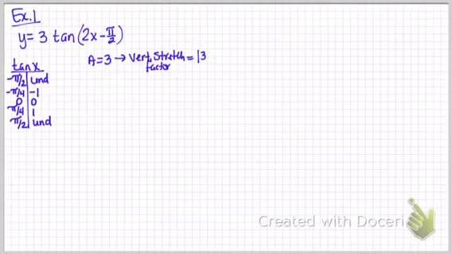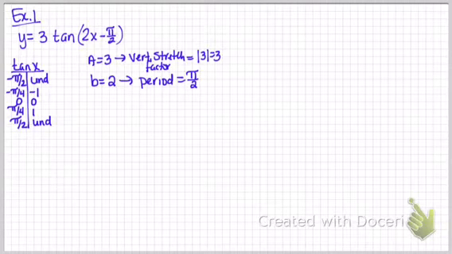So that would be the absolute value of 3, which is 3. B is a 2. It's still the number in front of x. Doesn't matter if it's inside or outside those parentheses. And so this is going to give us our period. Remember, we're looking at tangent, so our period is pi over b. So our period is just going to be pi over 2.